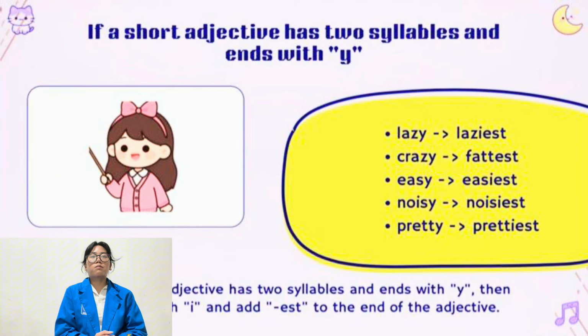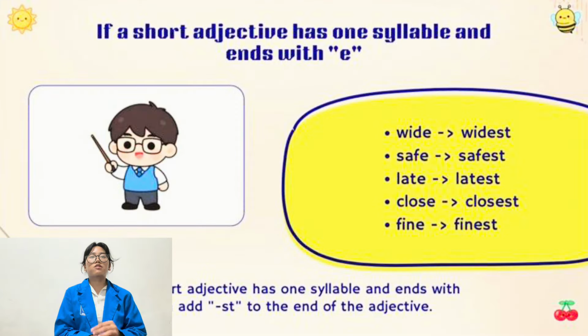Next, rule number 2, if the adjective ends with y, change y to i and add est. For example, easy for easiest, pretty for prettiest, lazy for laziest. Next, rule number 3, if the adjective ends with e, add st. Example, white for whitest, safe for safest, fine for finest.